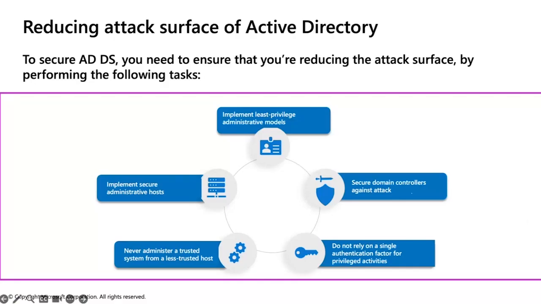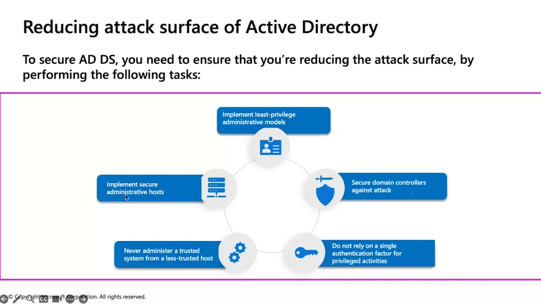We can also consider not relying on a single authentication factor. Always follow the multi-factor design. Never administer a trusted system from a less trusted host. Maybe companies can plan to create a management server or jump host, where you log in to that jump host first and then access the Active Directory system.